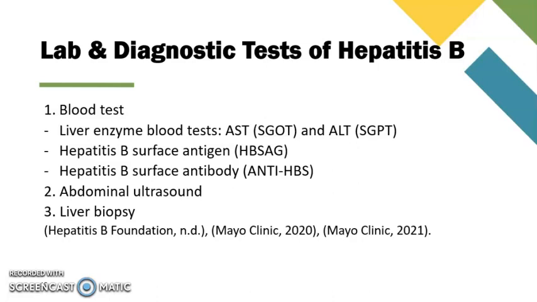They can get the liver enzyme blood test, or hepatitis B surface antigen, or hepatitis B surface antibody blood test. They can also get an abdominal ultrasound by looking at the liver and seeing what status the liver is in to detect hepatitis B.